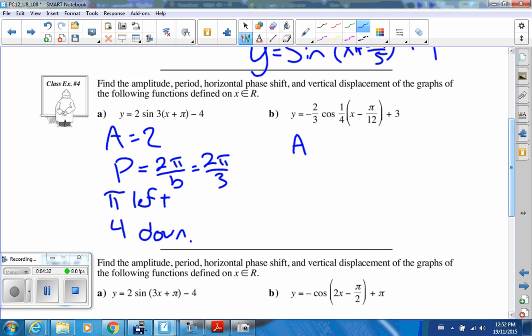My amplitude is just 2/3. It doesn't matter that it's negative, it's just the entire value. My period is 2 pi divided by my b, which is 1/4. 2 pi over 1/4 is the same as 2 pi times 4 over 1. So it's 8 pi as my period.